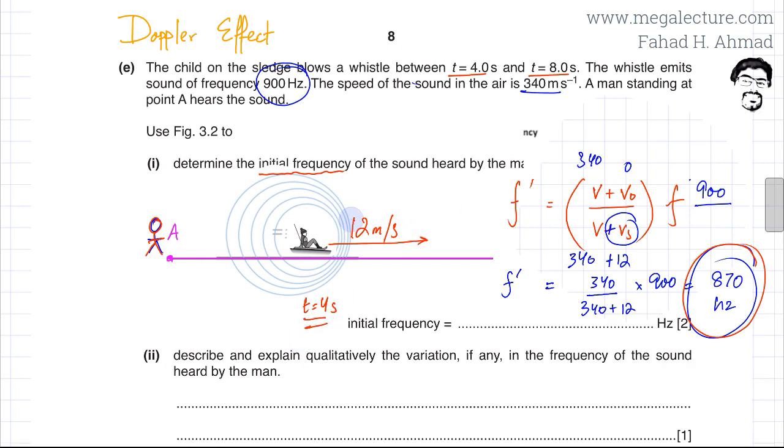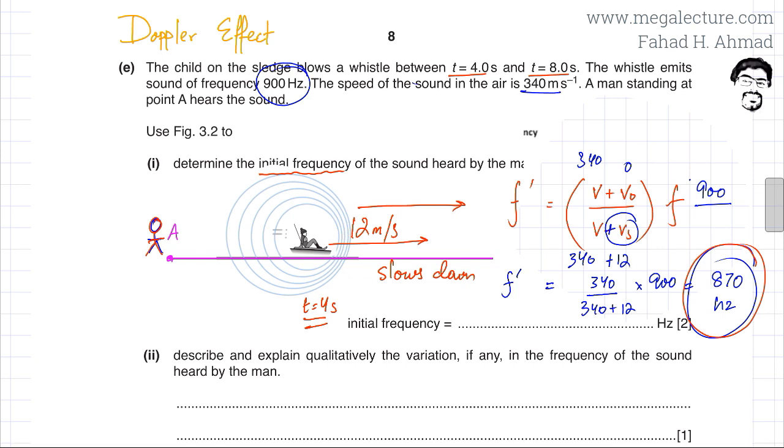But this sledge, remember, is moving up the hill, it's slowing down, and it comes to rest. If the sledge comes to rest, the Doppler effect is going to be lesser and lesser because the source of the whistle is not going to be moving that fast.